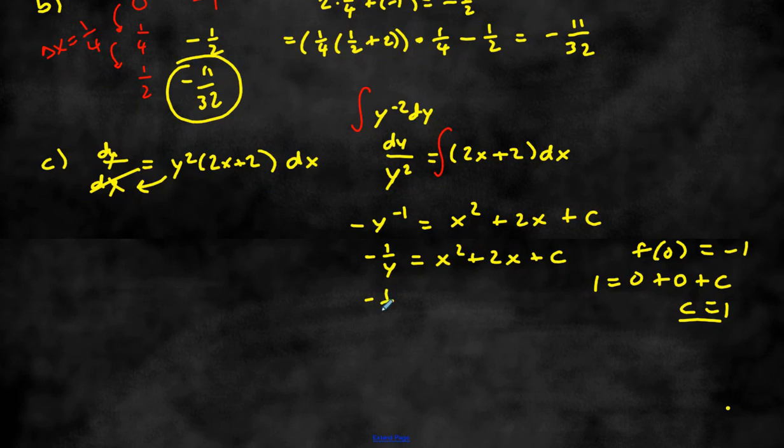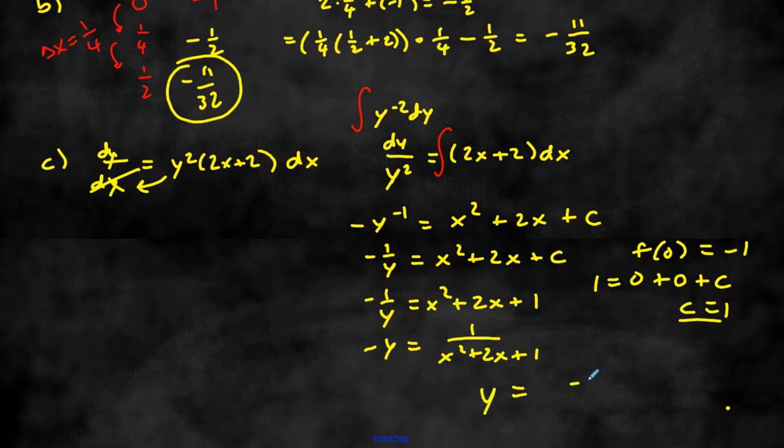So we're at now negative 1 over y equals x squared plus 2x plus 1. That's our c value. I'm going to take the reciprocal of both sides. And then finally multiply by the negative. And so we get y equals negative 1 over x squared plus 2x plus 1.